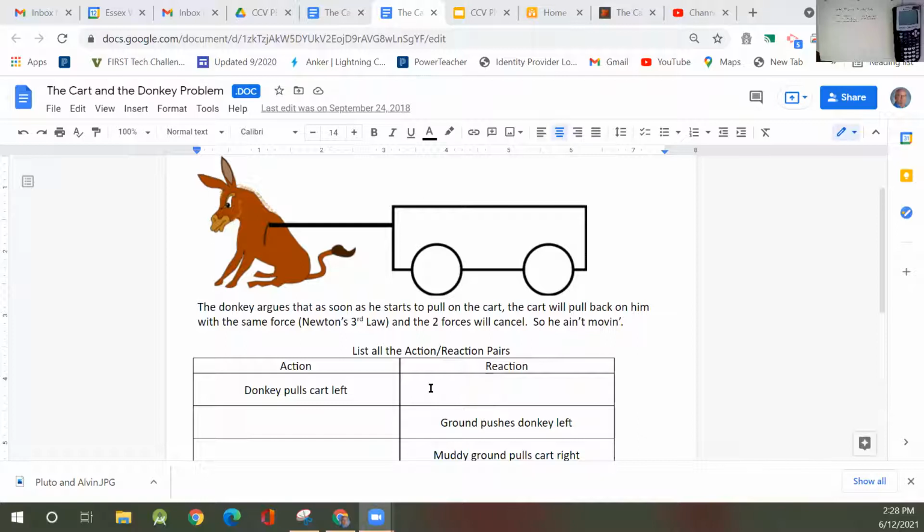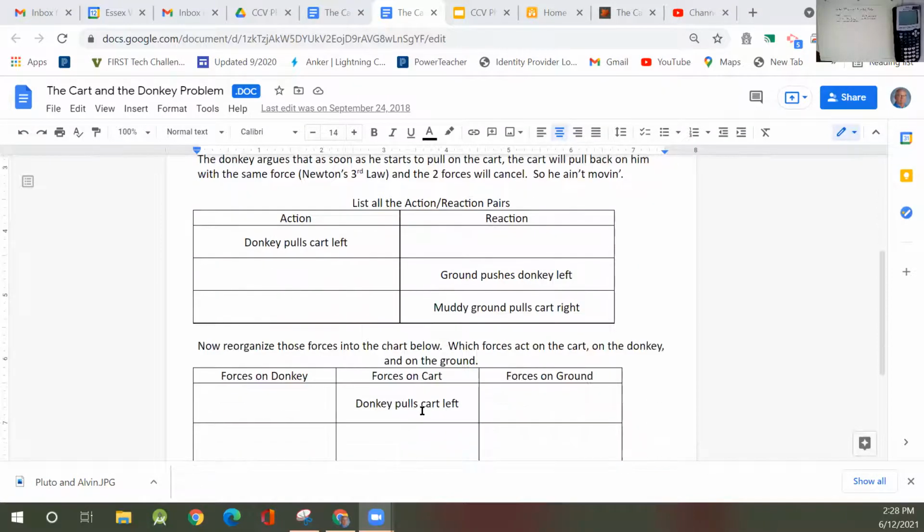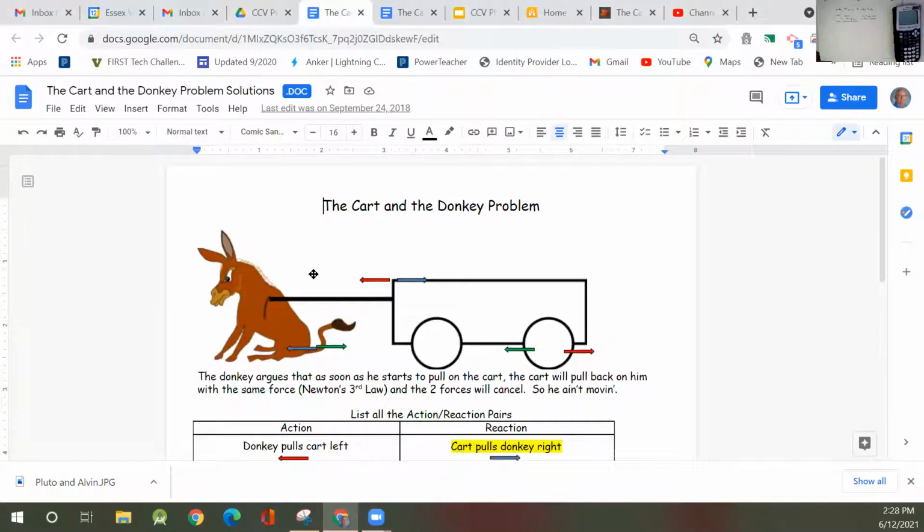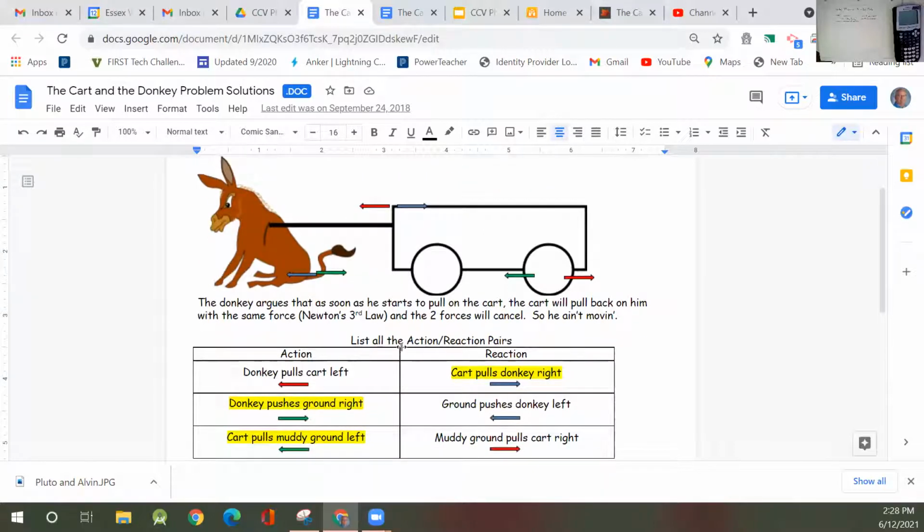It's all relative, right? If there's a force between the donkey and the cart, they're both going to feel the same force, but in opposite directions. So we can list all the action and reaction pairs, but then reorganize them into forces on the donkey and forces on the cart. That's already done in this problem. You can see that we have a bunch of action-reaction pairs, and they are color coded.